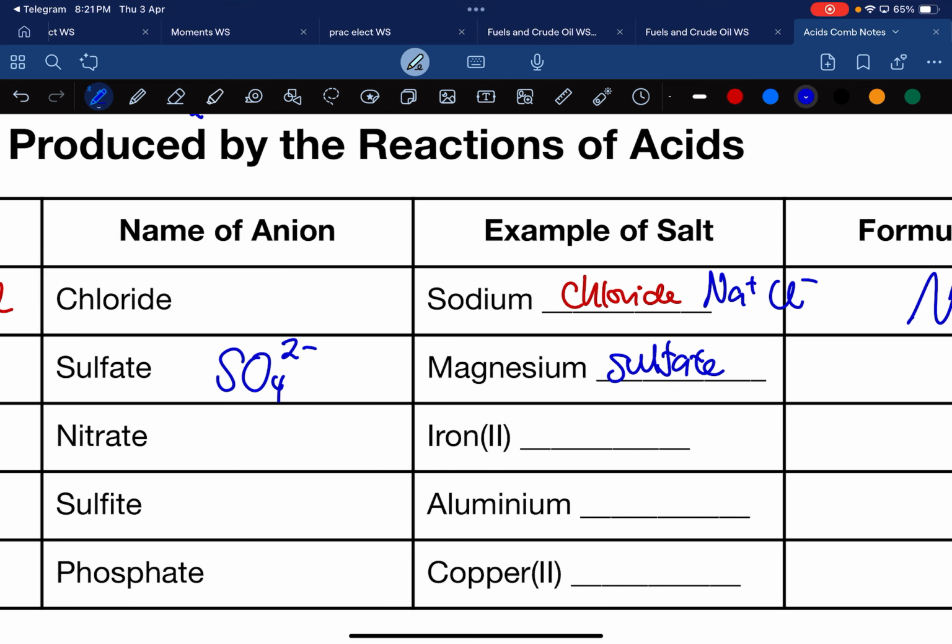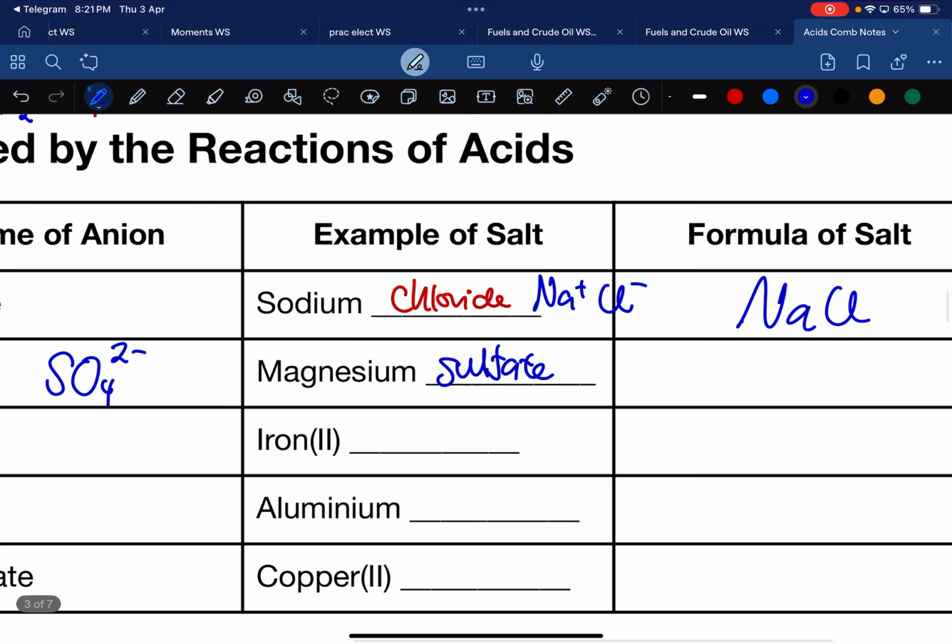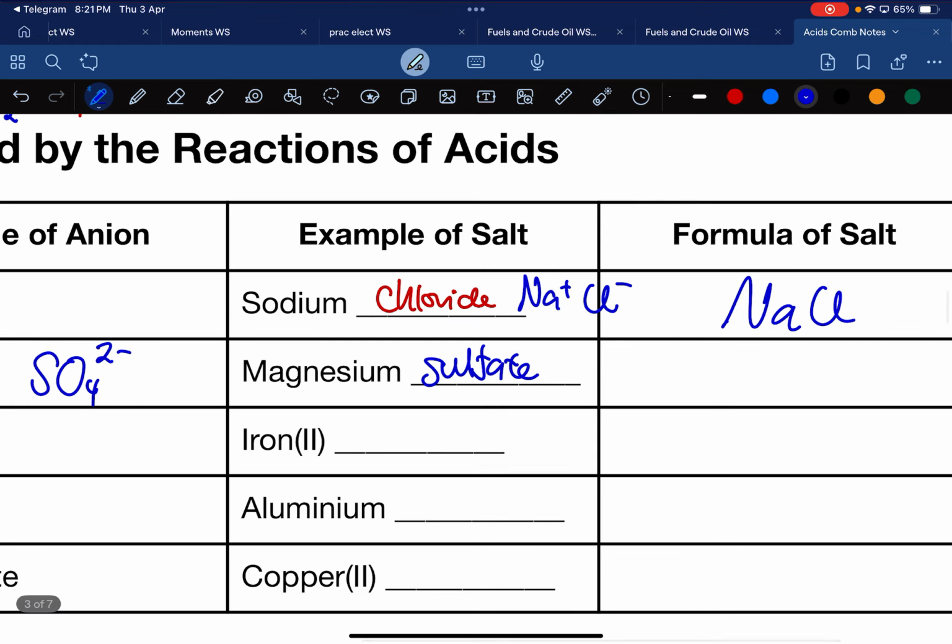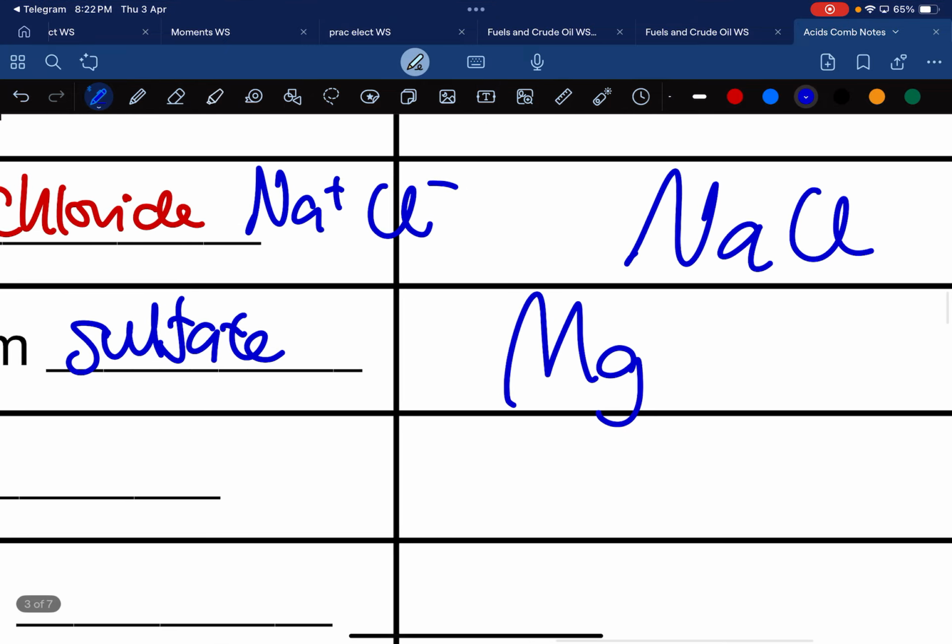Eva, what's magnesium sulfate? Formula. Mg, 2.